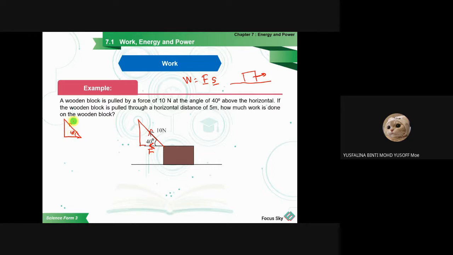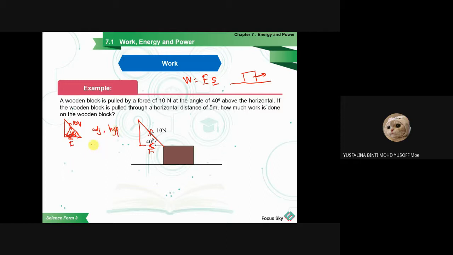This is 10 Newton. Remember what I want you to find: you want to find F here, right? What is the relationship between the angle and this side? This is called the adjacent. And this is 90 degrees, right? So this is called the hypotenuse.